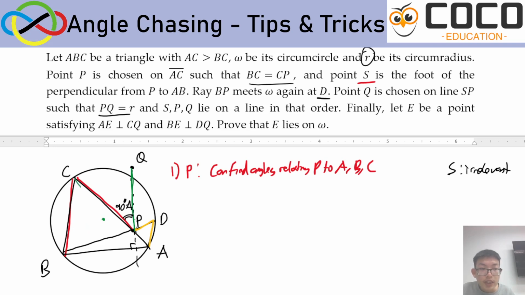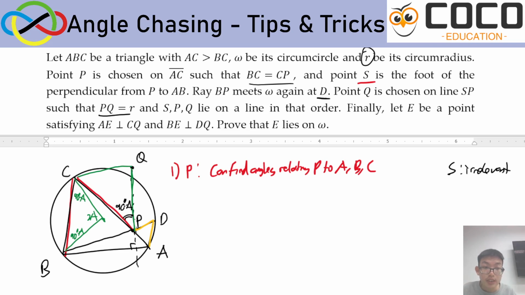Let me draw a straighter line. If you connect it to the center of the circle, this is 2A. And so this would be 90 minus A and 90 minus A. So I've learned that, oh, actually, if I draw this in here, color being deliberate again, those are congruent triangles.